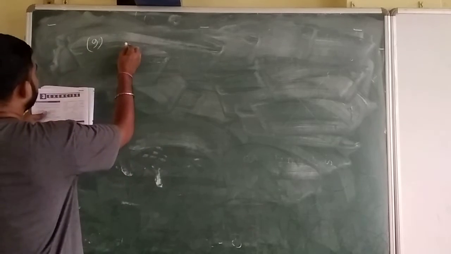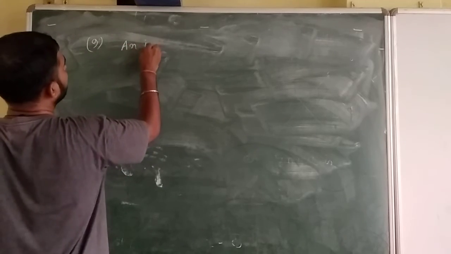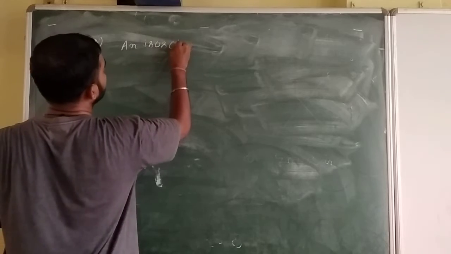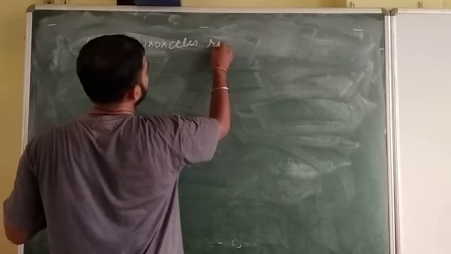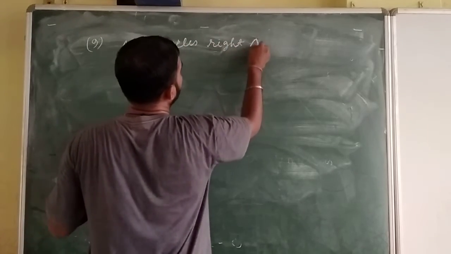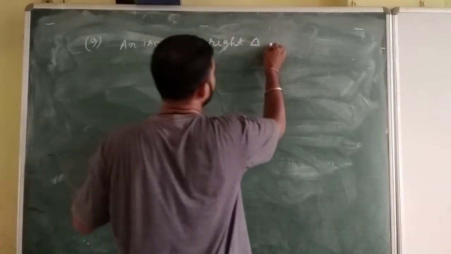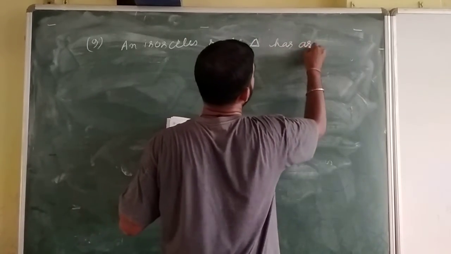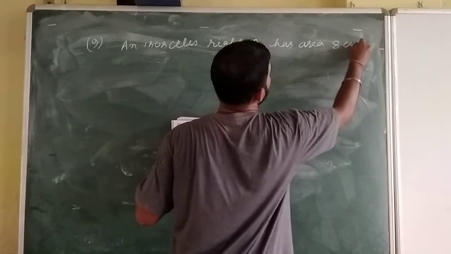An isosceles right triangle has an area of 8 square centimeter.